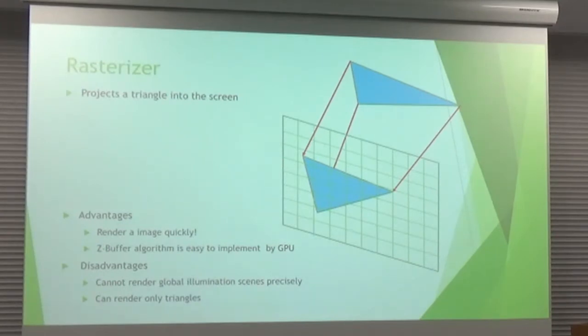So hardware APIs like OpenGL and DirectX implement Z-buffer algorithms. The disadvantage is that it cannot render realistic images like global illumination, and it can render only triangle polygon meshes.